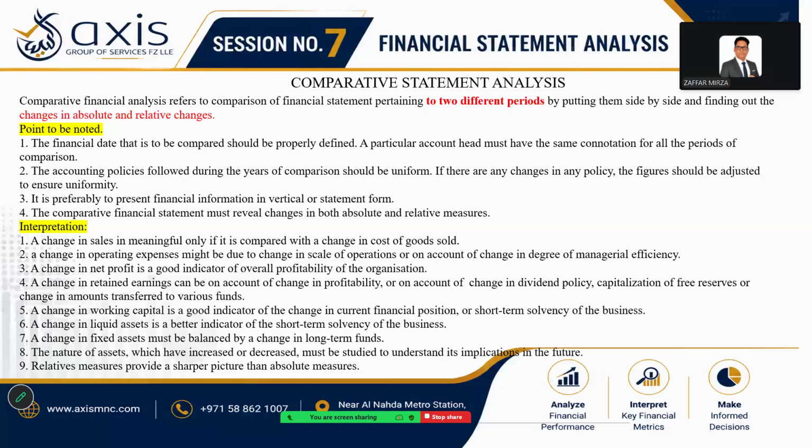You are solving the question, you are getting the answer, you are understanding, but which interpretation are you doing? Your interpretation means you are explaining the changes in sales. You know the formula by heart, you can get the answer, but you cannot interpret.